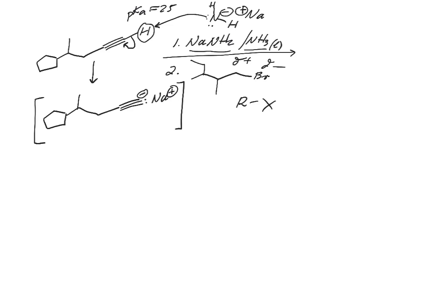So the electrophilic site in this alkyl halide is the carbon atom connected to the bromine. Nucleophilic attack involves a backside approach by the nucleophilic carbon onto the electrophilic carbon, and the carbon-bromine bond breaks heterolytically as the bromide, the leaving group, is expelled.